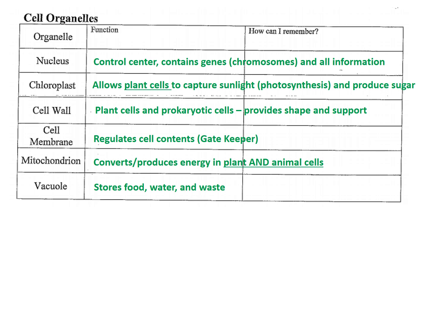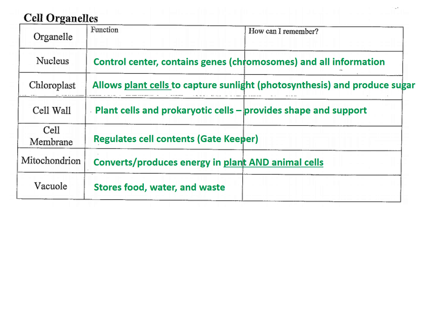So nucleus is the control center. This is going to be what controls everything that's going on in the cell. It contains the DNA or the genes, which are made of chromosomes, and that's all the information for the cell. So remember that the nucleus is the control center and it has the DNA.